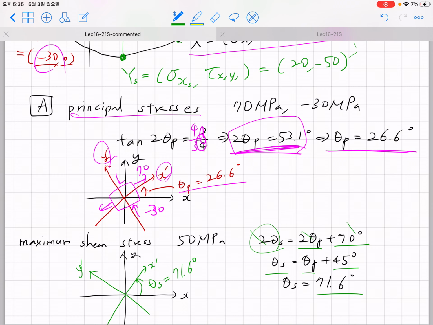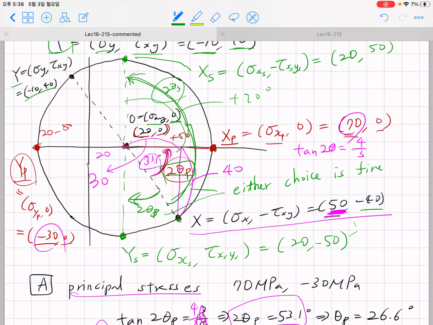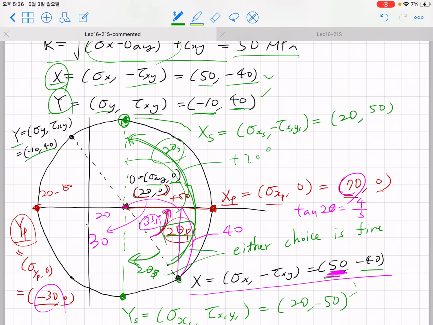After rotating 71.6 degrees, the normal stress along x prime y prime will be the same, and you're gonna have maximum shear stress. How can we obtain that? At these 2 points where we have the maximum value of the vertical component, you have simply the radius, which is 50.